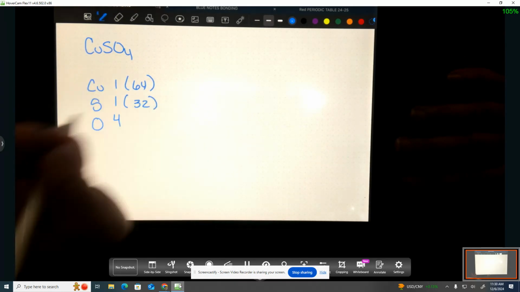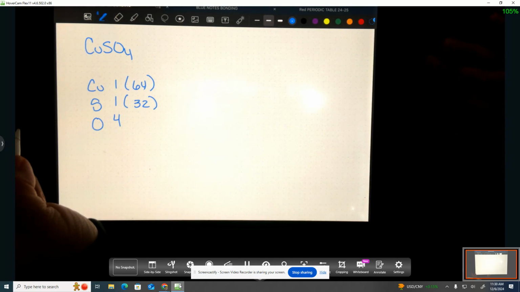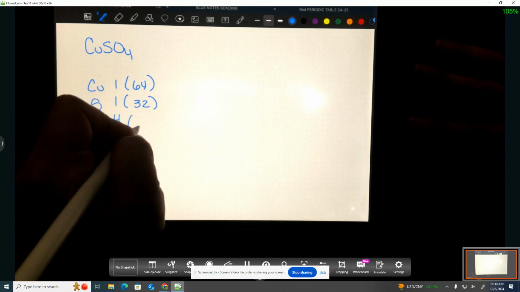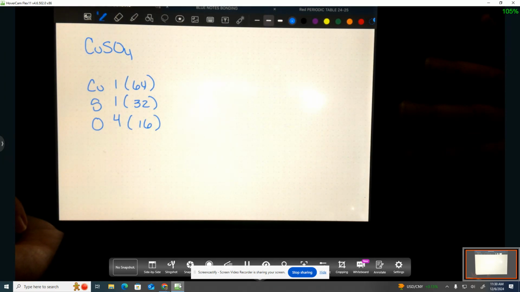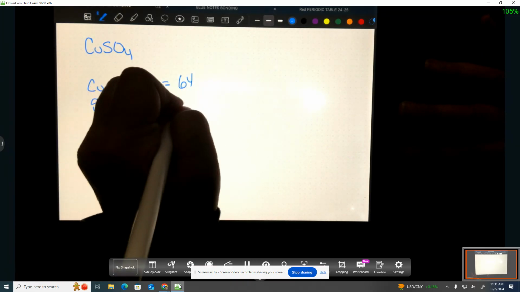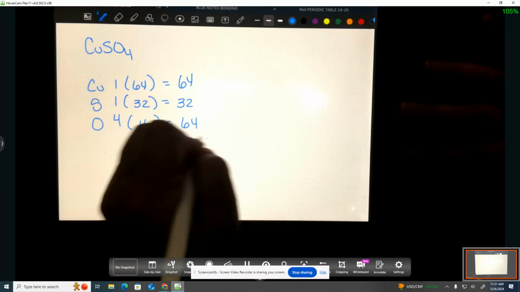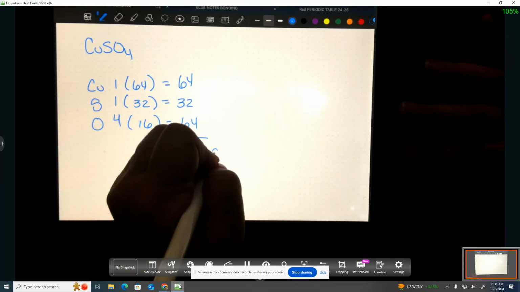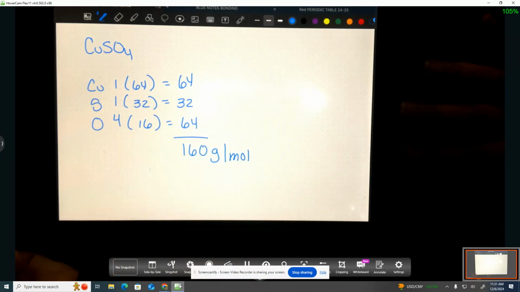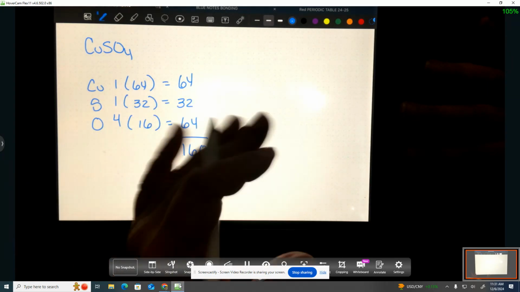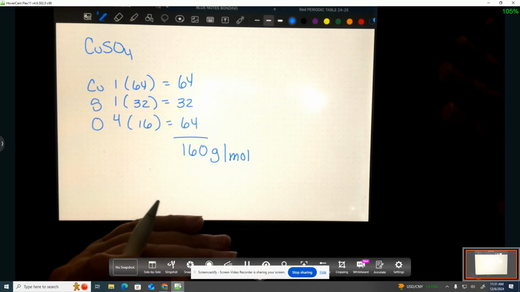Sulfur weighs 32, from the periodic table. And oxygen weighs 16. 15.99, we rounded to 16. 64, 32, 4 times 16, 64. Add these up, 160 grams per mole. Okay? That's how you do gram formula mass.